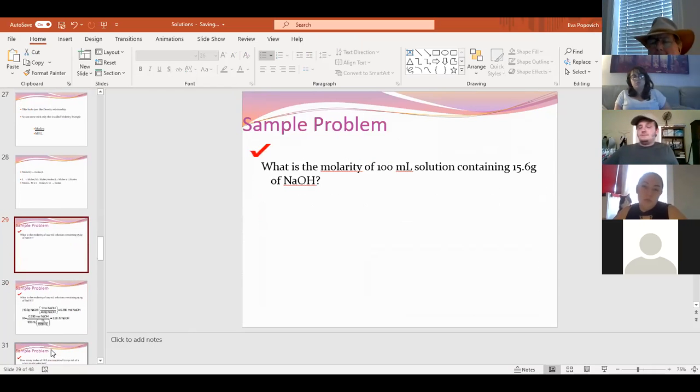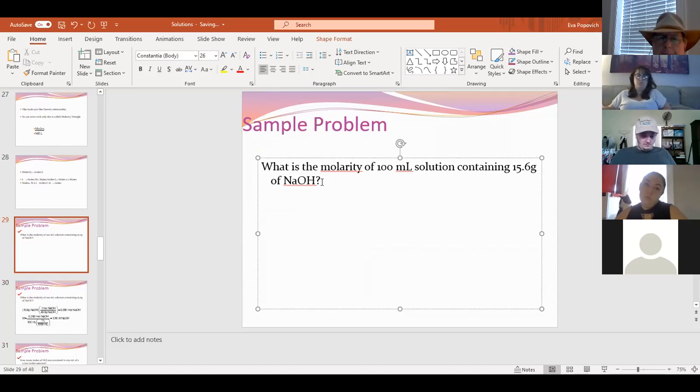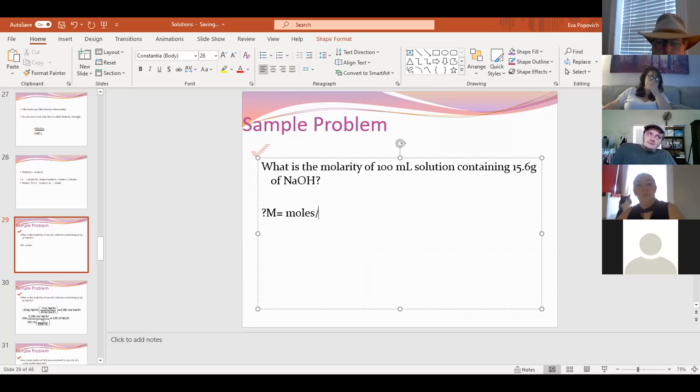What is the molarity of a 100 milliliter solution containing 15.6 grams of sodium hydroxide? Okay, I look at this problem. I want molarity. Molarity is equal to moles per liter, correct, guys? Do I have liters, or do I have a way of getting liters?